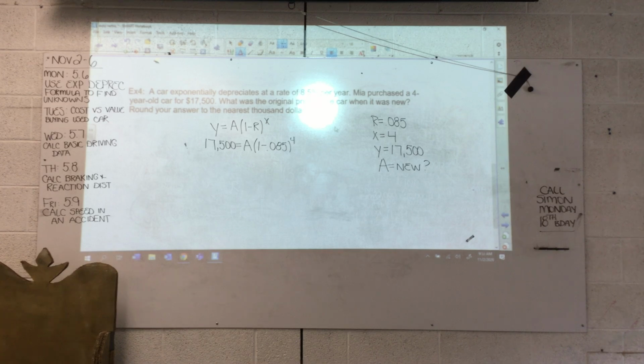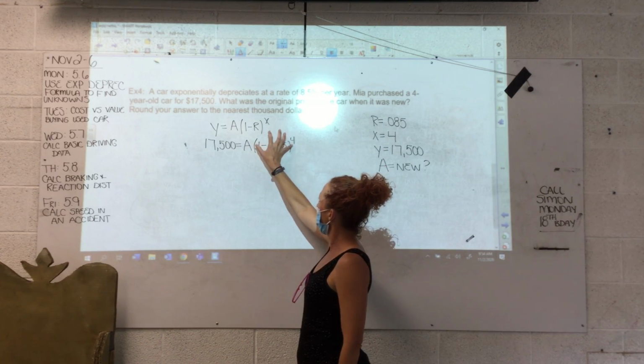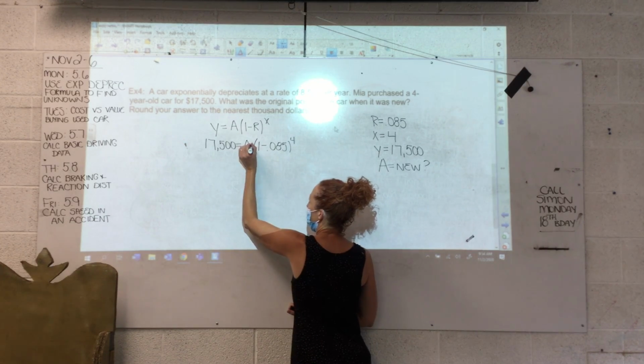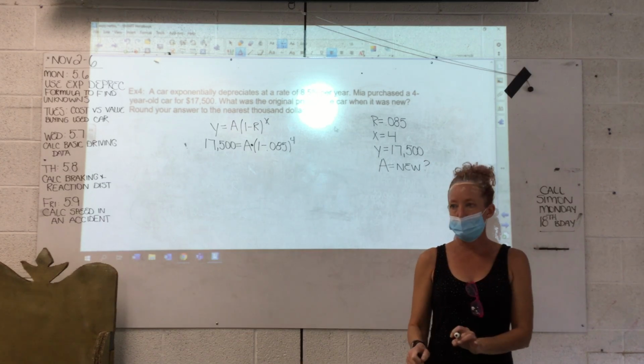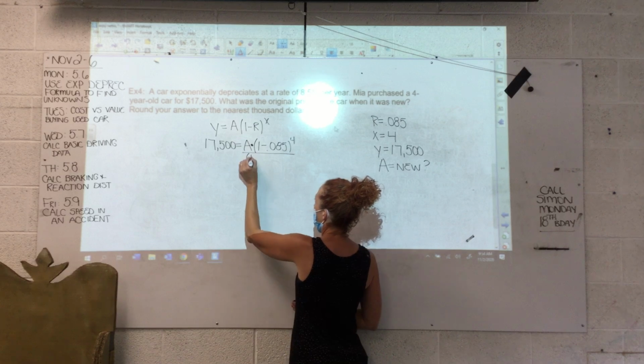If you want to solve that for A, you need to get rid of this, and you need to somehow move all this over to the other side. Right now, this is a multiplication sign. So once again, what is the opposite? Divide. So don't type in a thing yet.